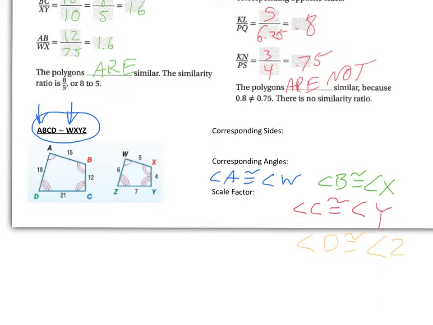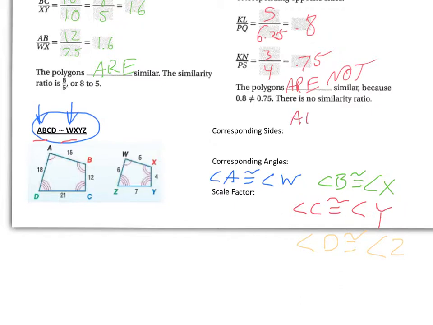There you go. Now, corresponding sides. Again, we can look at the first two letters, AB and WX. So what sides are corresponding? We can write those as a ratio.